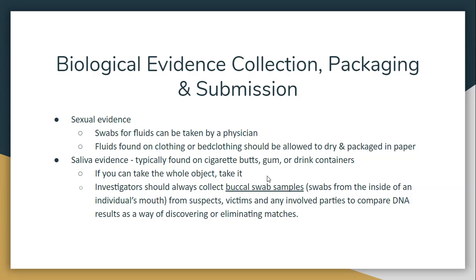Saliva evidence, like what you would find on cigarette butts or gum or drink containers, if you can take the object, you take it. And then you're going to need to take a buccal swab, which is where they take a Q-tip and they rough it on the inside of your cheek.